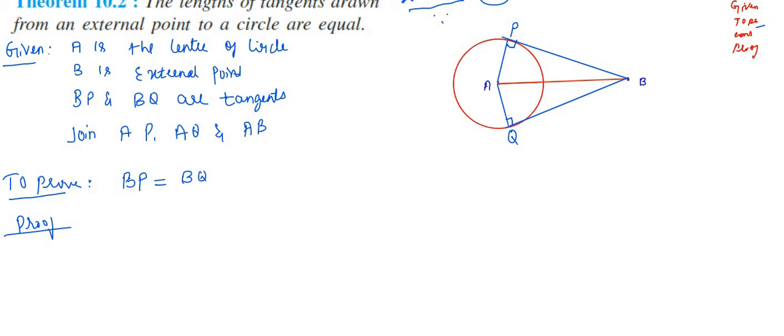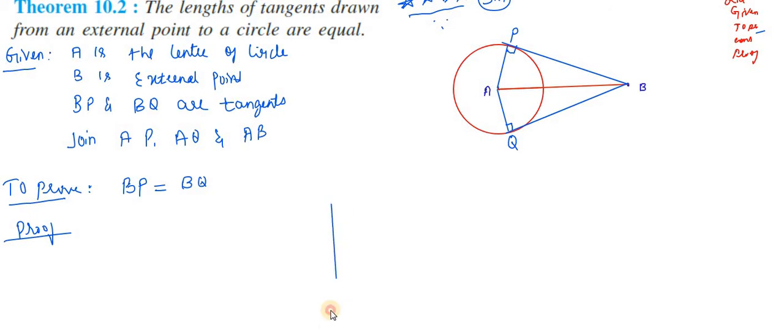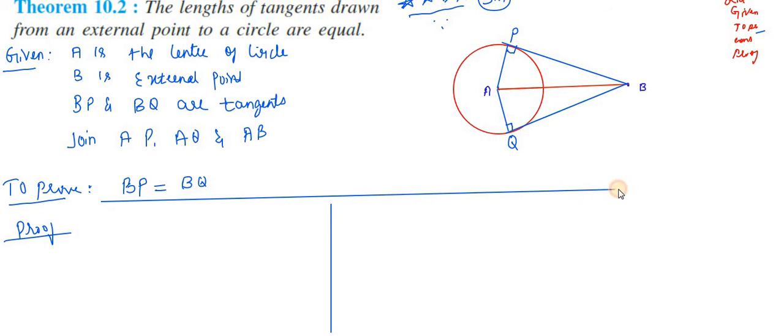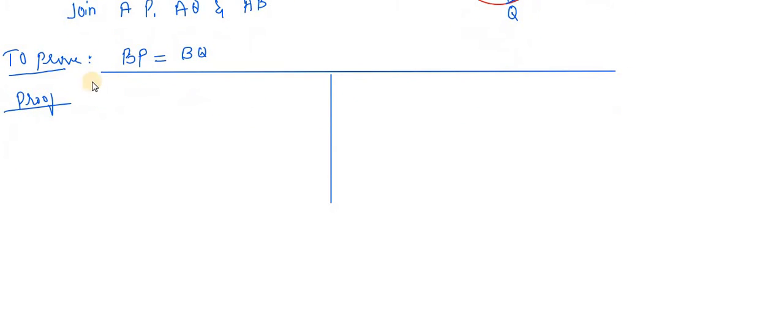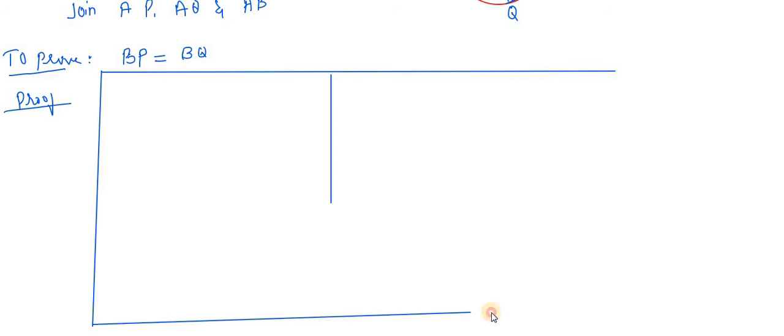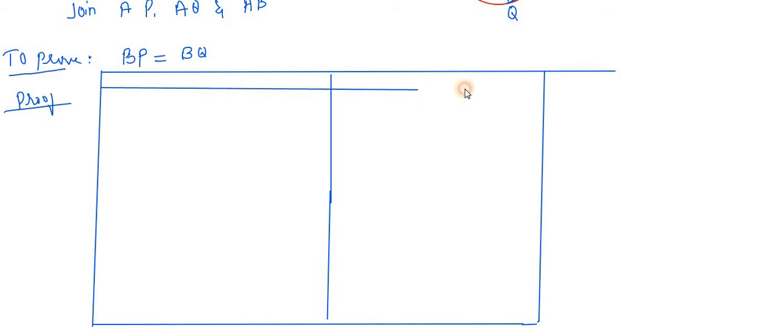In this, do one thing, make 2 boxes, one is statement and one is reason. So now do this.